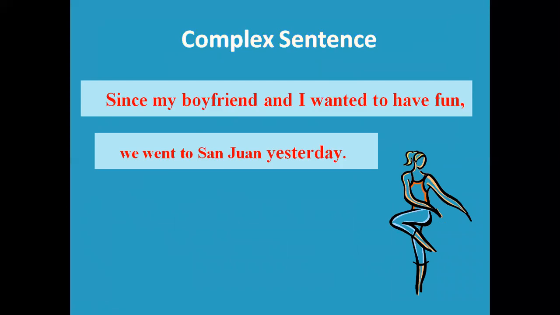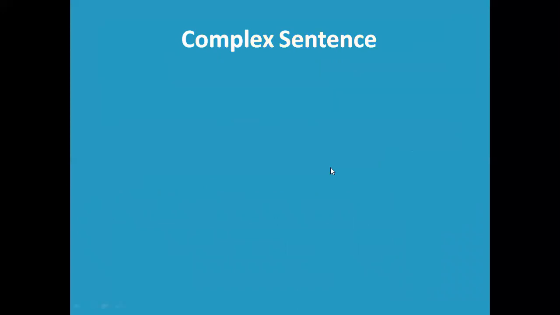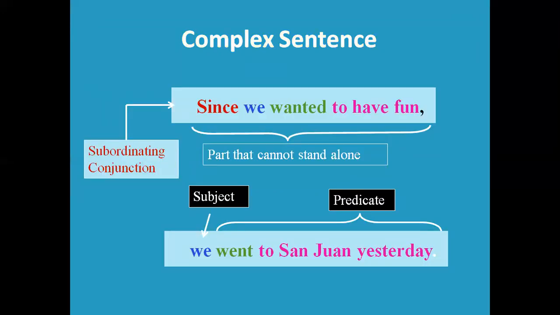For instance, since my boyfriend and I wanted to have fun, we went to San Juan yesterday. Since is the subordinating conjunction. This whole part, since we wanted to have fun, cannot stand alone because a subordinating conjunction is used.